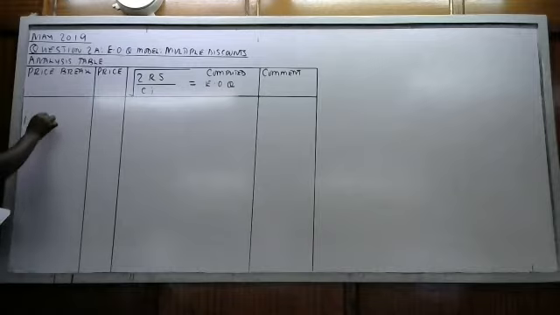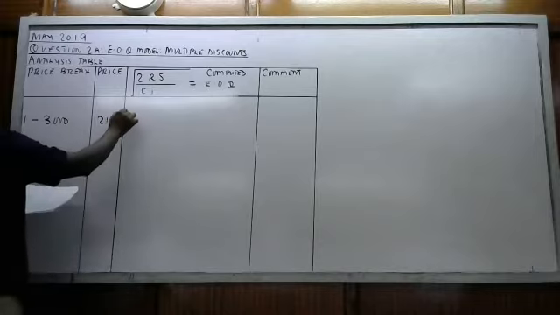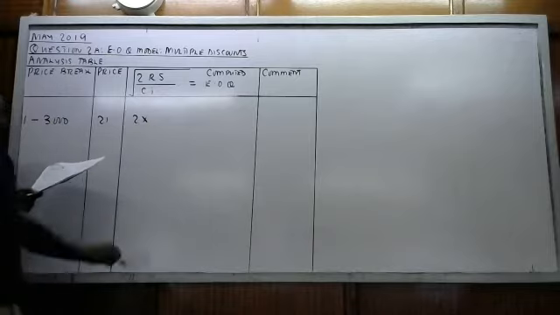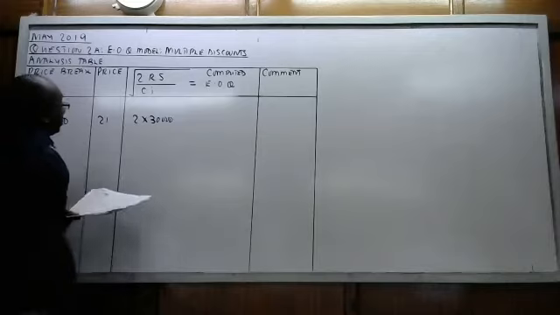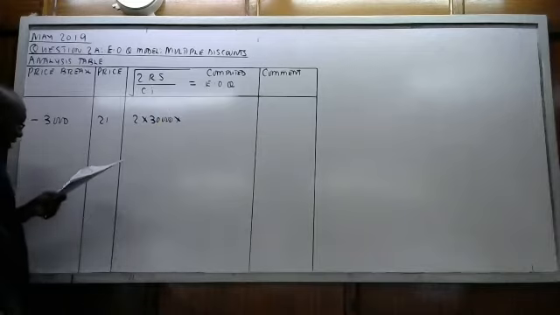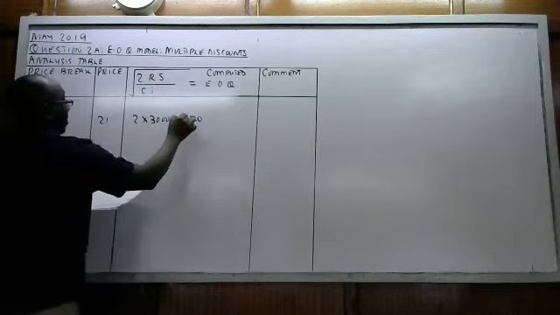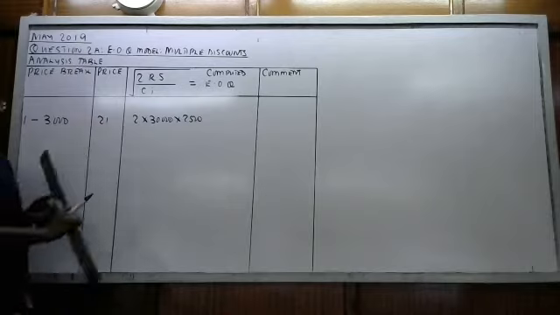1 to 3,000. The price is 21. So this will be 2 times the annual demand. The annual demand is 30,000 times the ordering cost of 2,500.